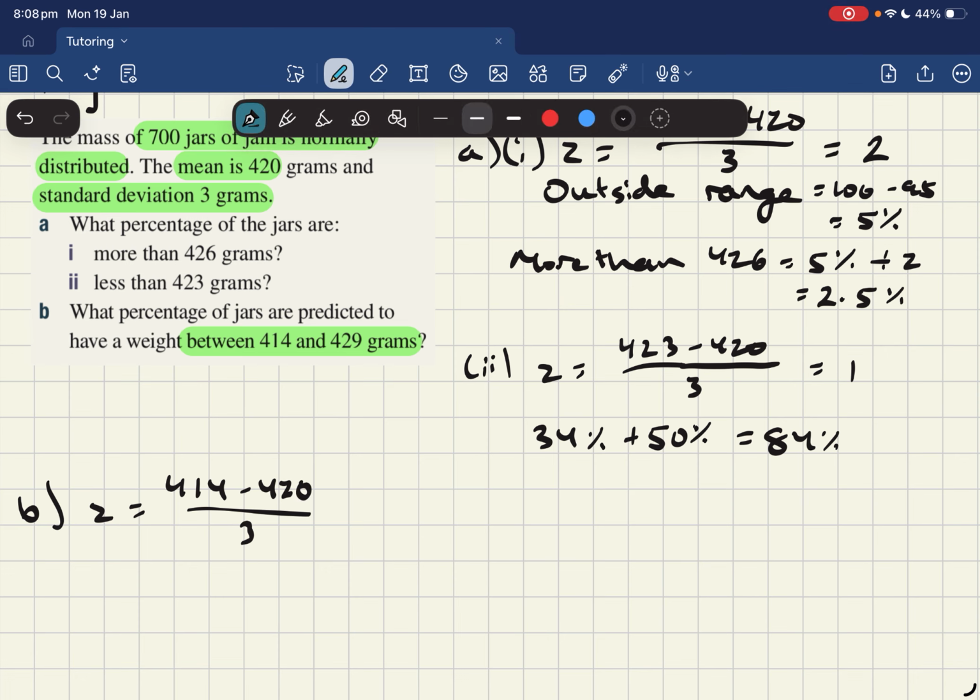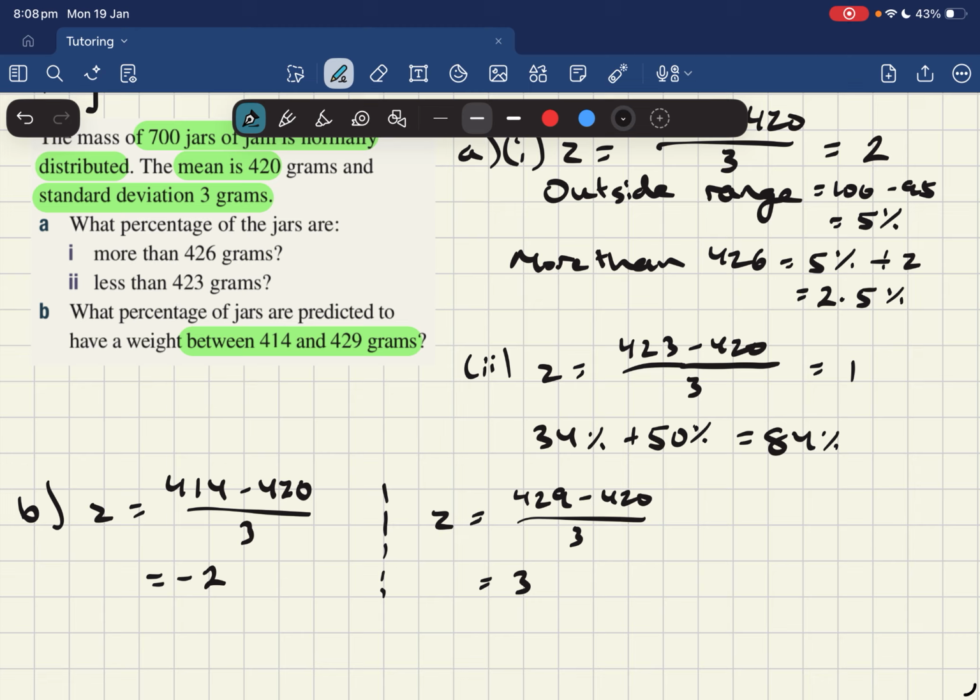We are subtracting the mean from this, okay? So we always have to minus the mean. So 414 minus 420 over 3 gives us -2. And then let's find the next one as well. The Z-score for 429: we have 429 minus 420 over 3, which gives us a Z-score of 3.